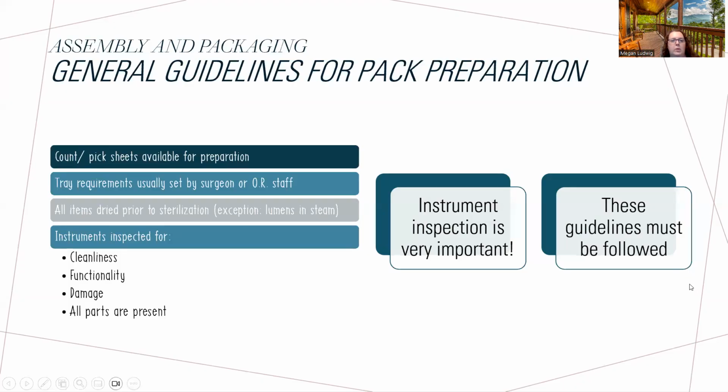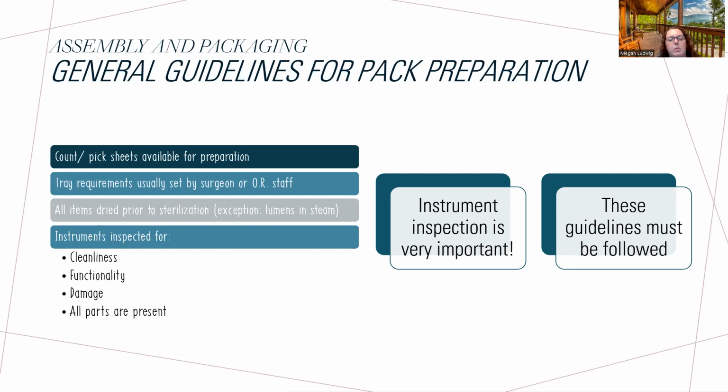So once it's on the other side, let's talk about different guidelines to repackage those types of things so it can get back to the OR. A lot of facilities will have some sort of either electronic or paper type of what we call a count sheet or a pick sheet, or a preference card.